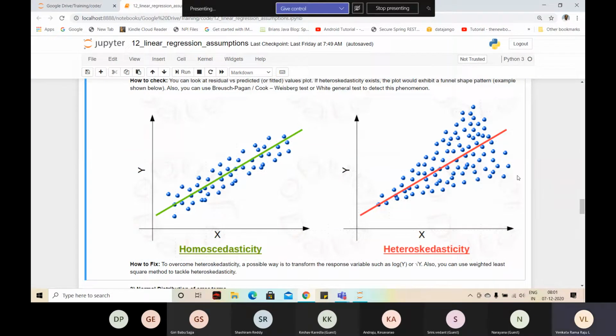When we increase the x, there is a lot of deviation from the predicted value. The funnel can also be in the opposite direction in a data set.